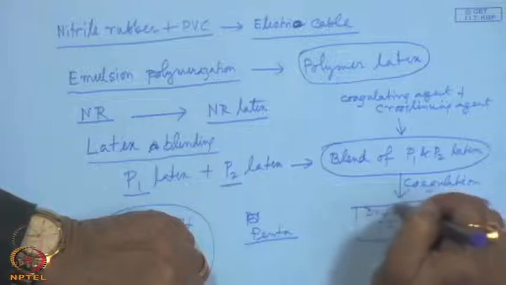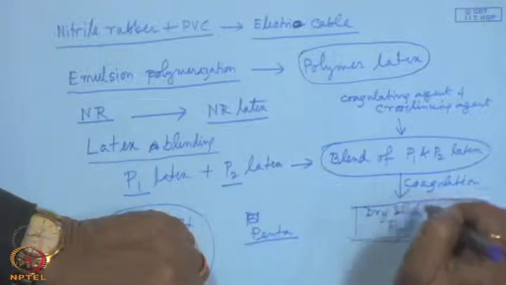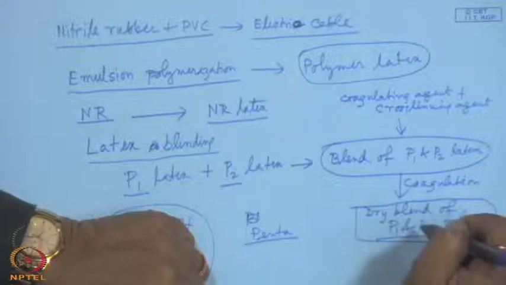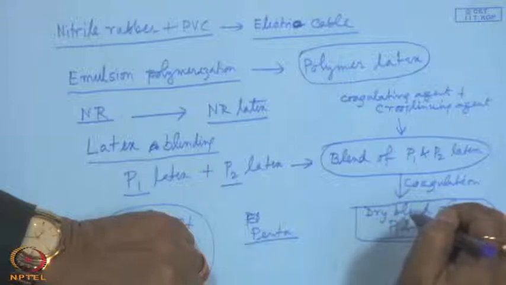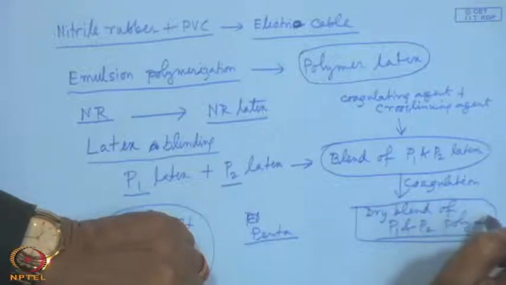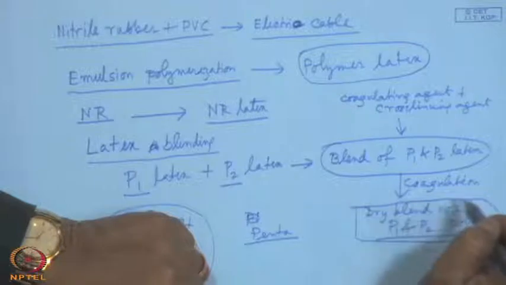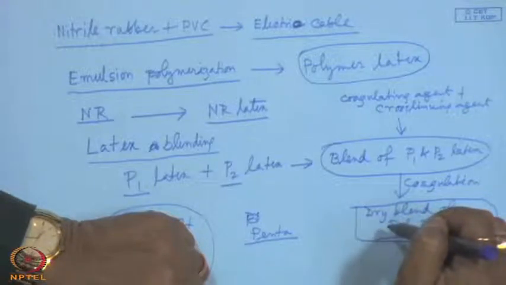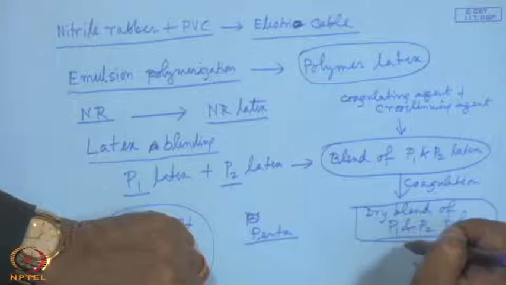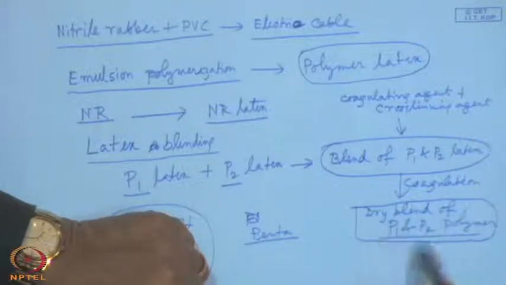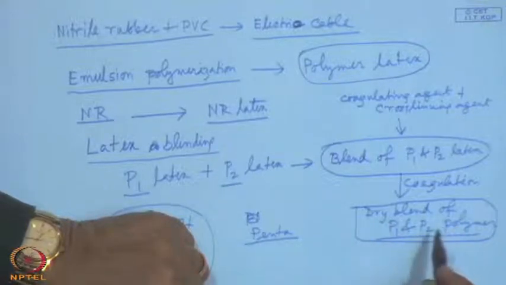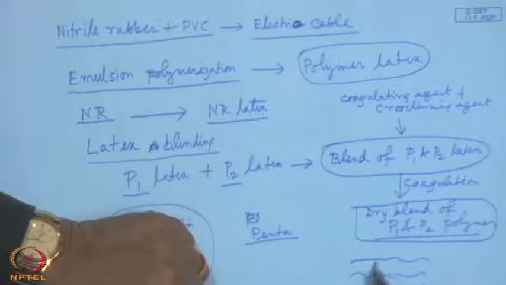After coagulation of the 2 component polymers along with this cross linking agent, it is washed and purified, then it is given a shape and heated in an oven or in a mold, where during heating this cross linking agent present in this coagulated polymer blend will decompose to form some active ingredients which will form a 3-dimensional network of the polymer chain.